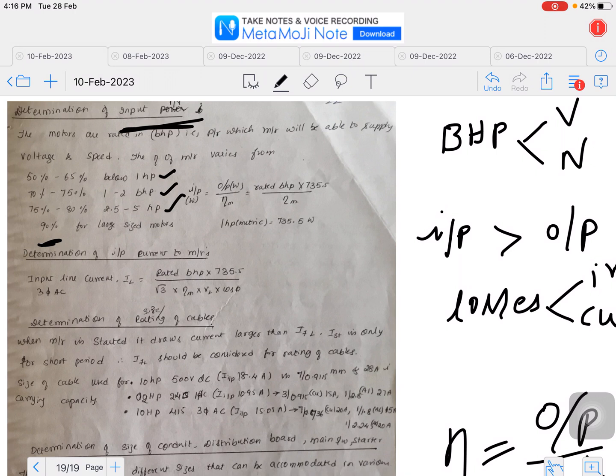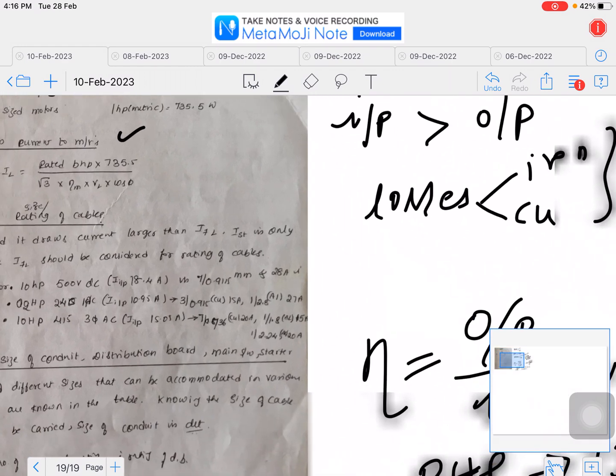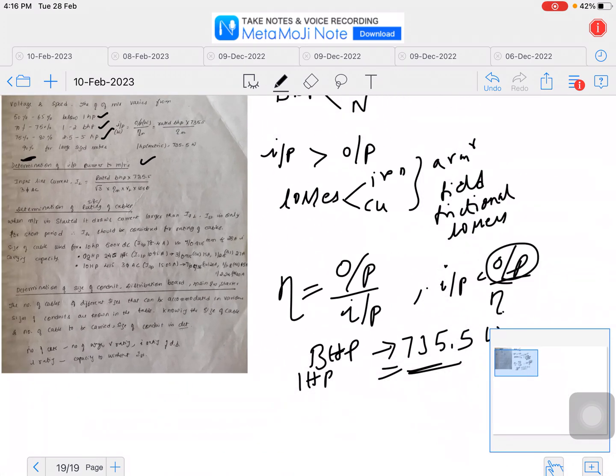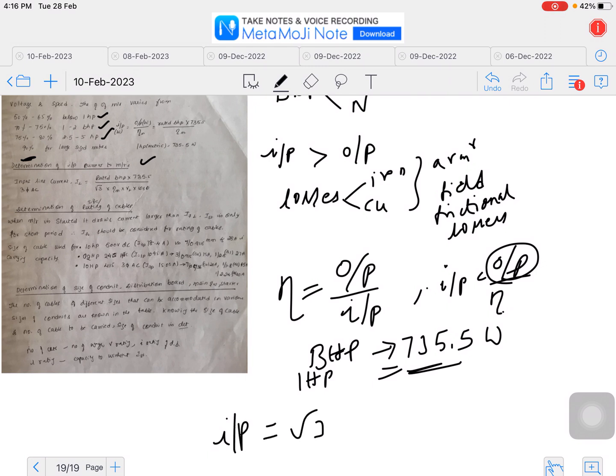But how do we determine the input current to the motor? We know that BHP, or the output, is equal to root 3 times VL IL cos phi. Using the same formula, that is output by input, and input is equal to root 3 times VL IL cos phi.